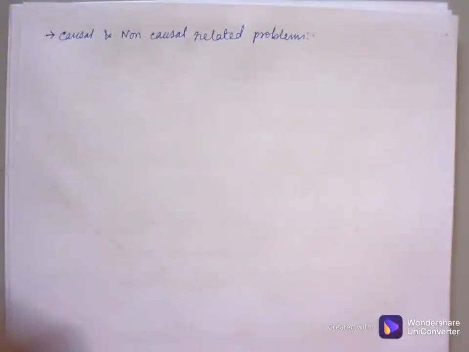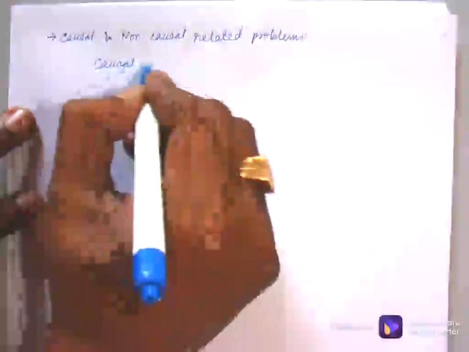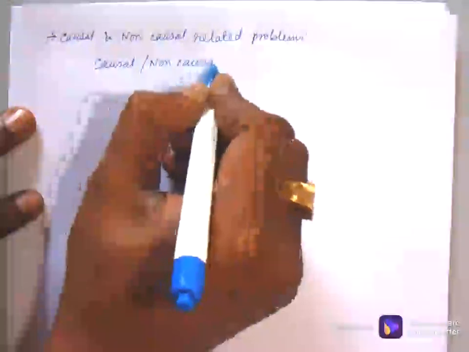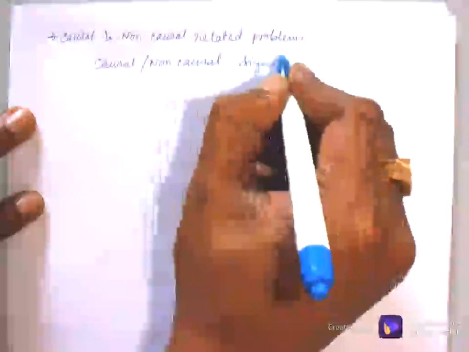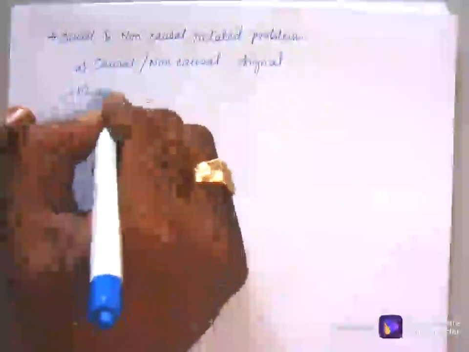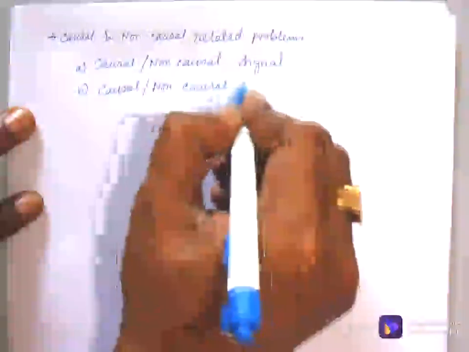One is causal or non-causal signal, and the next one is causal and non-causal system.